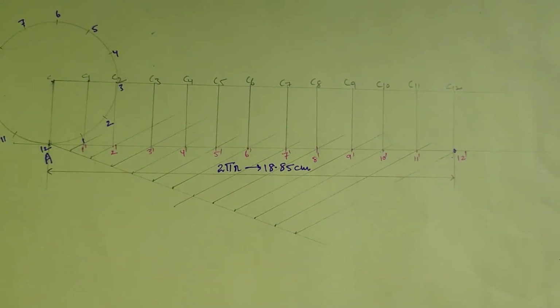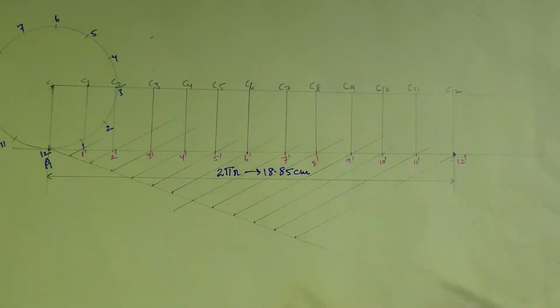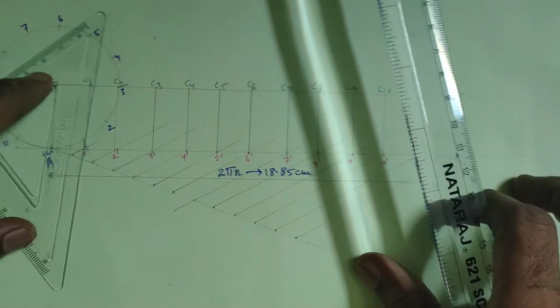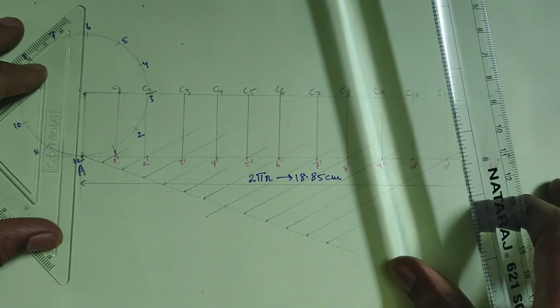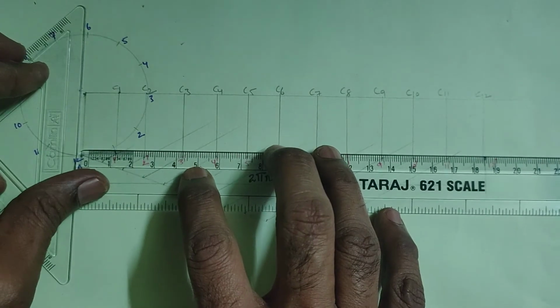After that, with the same radius, before that we have to draw the parallel lines emanating from this 1, 2, 3, 4, and 5, and so on.